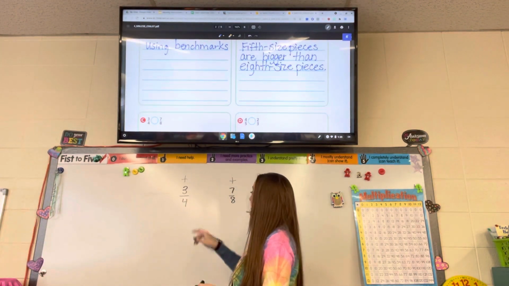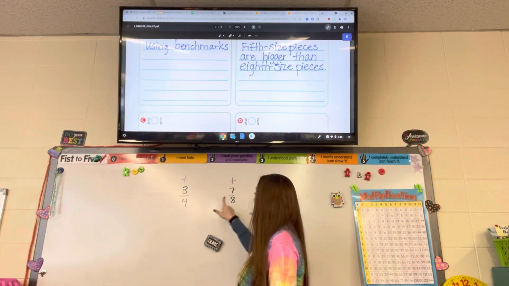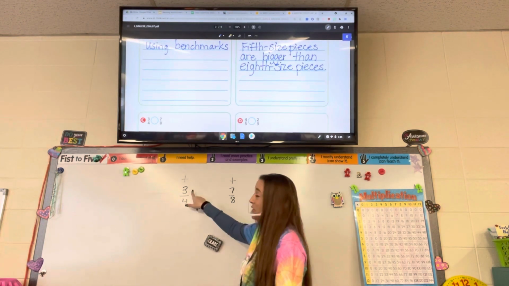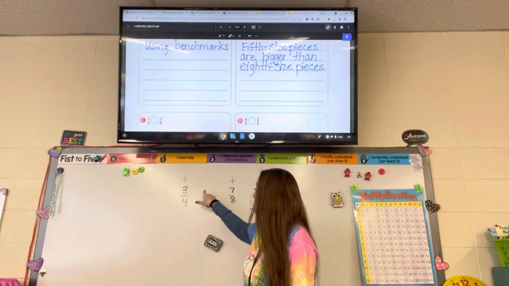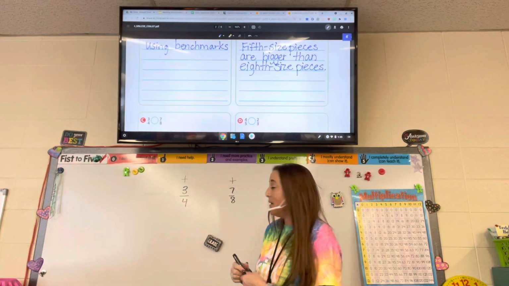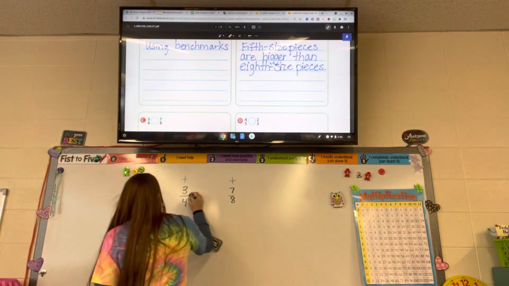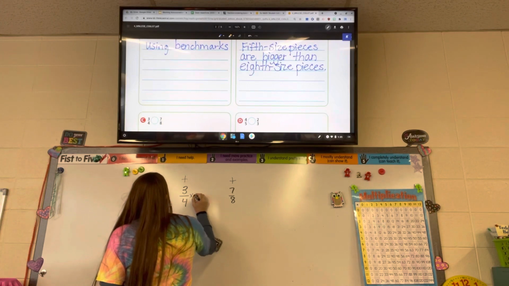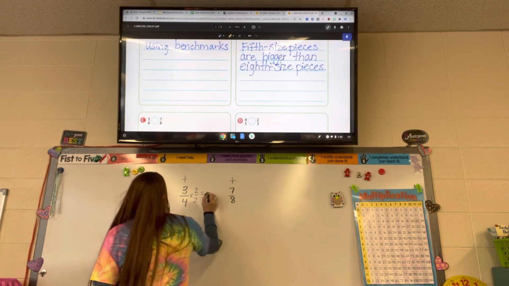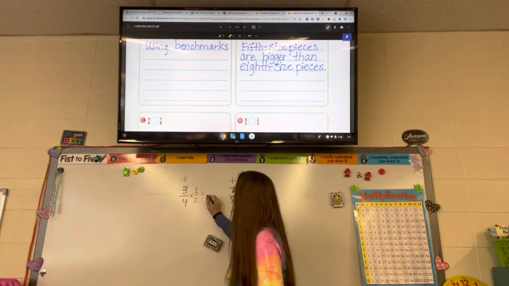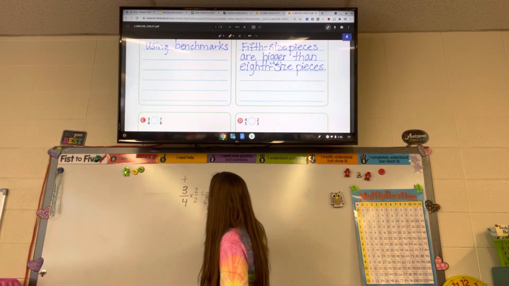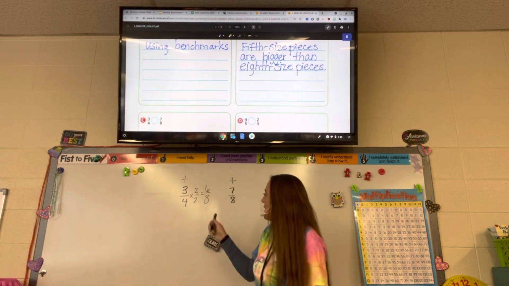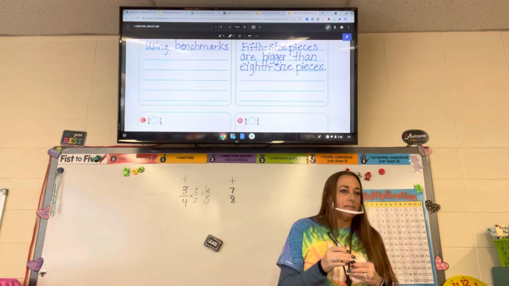Yes, because you can multiply 4 times something and get 8, can't you? Can you guys multiply 3 times something and get 7? No. But Sophie, give yourself a point. Nice job. We can multiply 4 times 2 and get 8. And if we do it to the bottom, do it to the top. So now we've got 6/8 and 7/8.